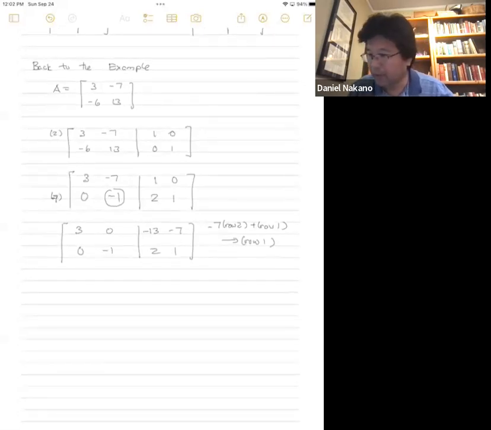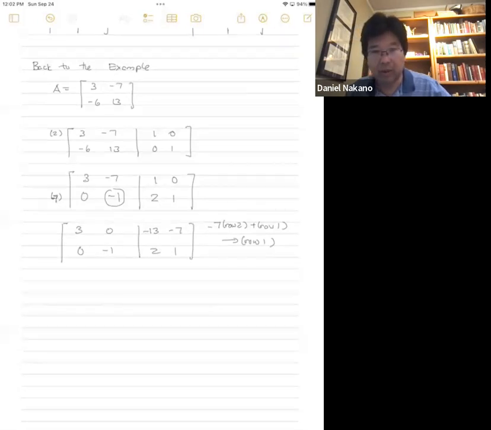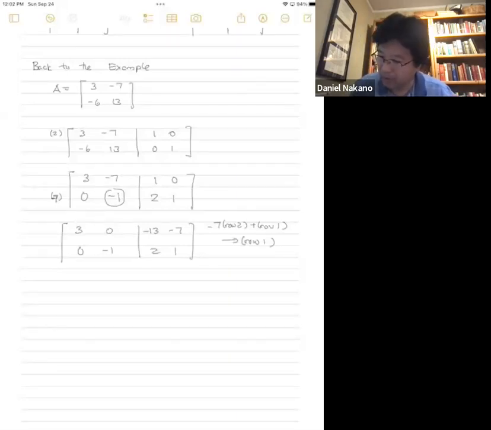All right. So the next thing we need to do is transform this into the identity matrix. So we have to multiply each row by 1/3, the top row by 1/3 and the bottom row by -1. Okay, so let's do that.